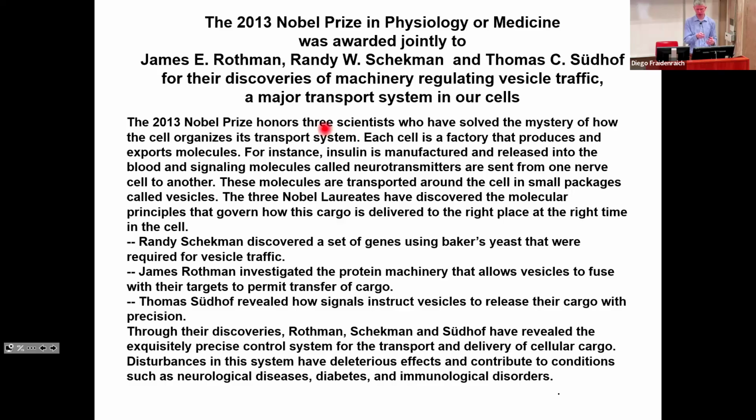For example, Randy Schekman used yeast mutants to figure out the movement of proteins from the ER to the Golgi. So these yeast had some mutations that prevented, for example, movement of the vesicles from the ER to the Golgi or the other way. And they provided the initial, very basic knowledge.